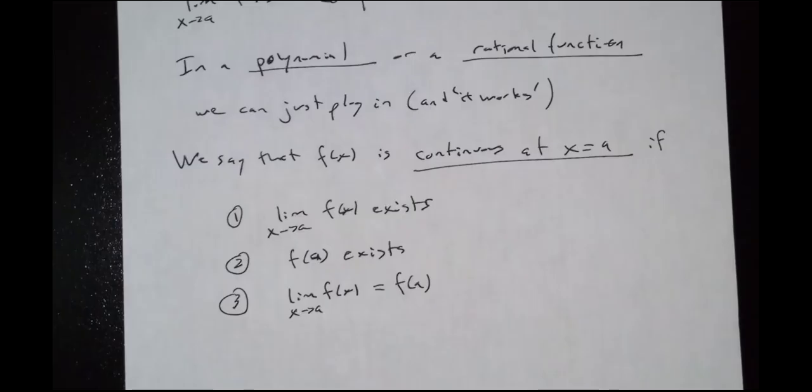If I go back to that picture on page 115, we can actually find an x value for each of these three conditions to be broken. So let's take a look at page 115 again. Here's our picture.